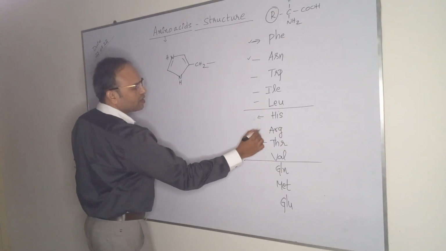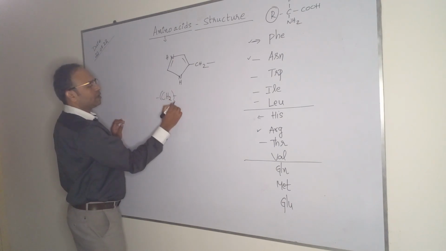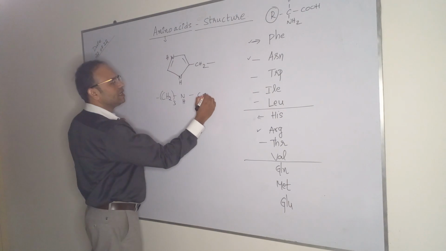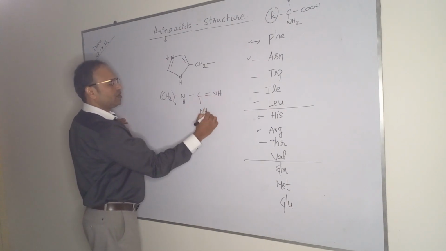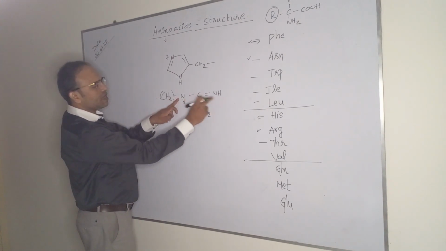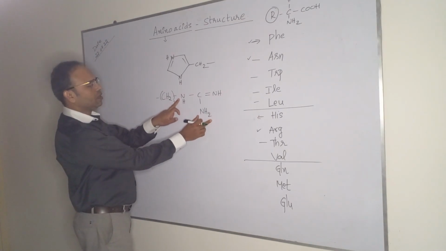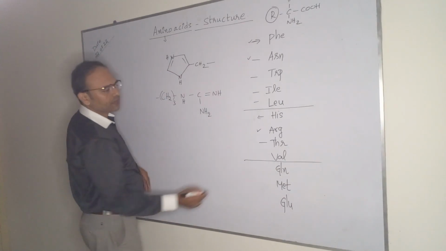Next, for arginine, CH2 groups, 3 methylene groups, NH-C double bond NH, and here one more NH2 group. So write CH2 3, then NH-C-NH. So here double bond, and the remaining NH2 also will be written here. So with this we can say that amino group is there, it will be basic.